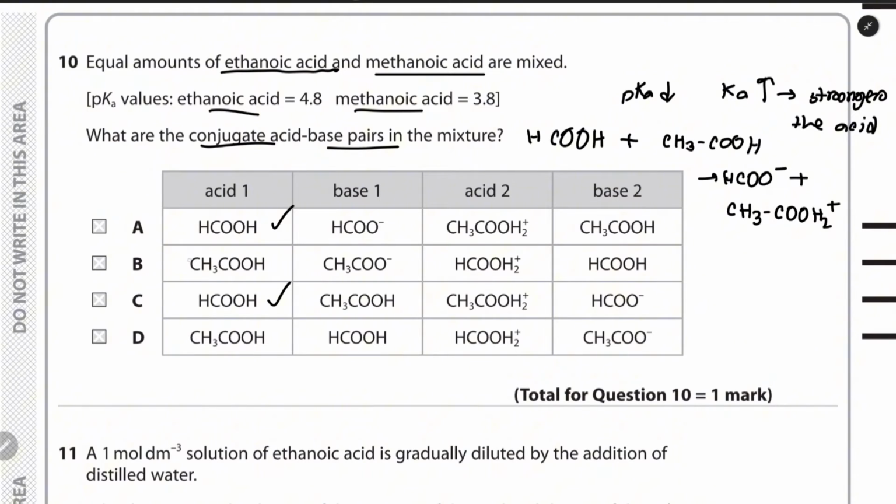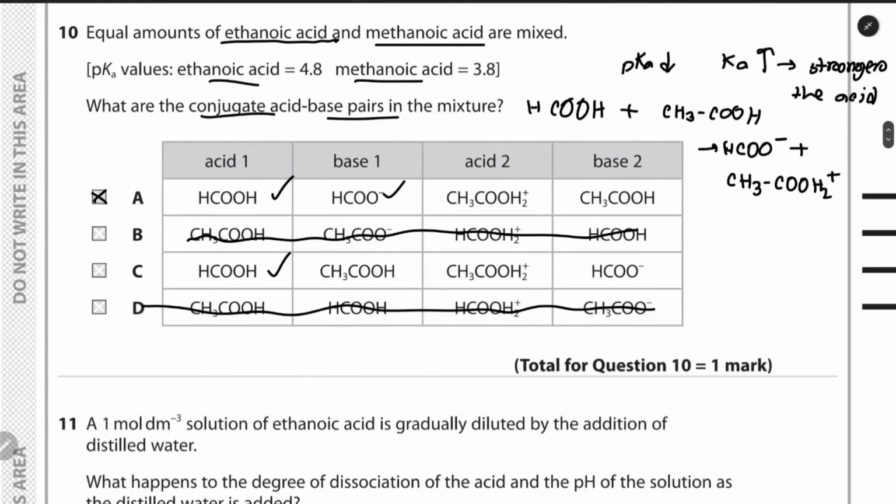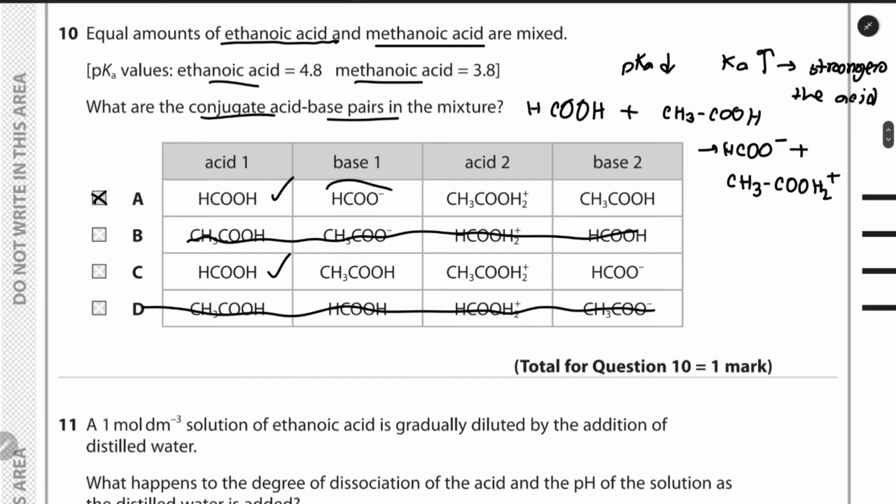So option A and C might be correct. B and D are out. And the conjugate base for this is HCOO minus. So option A is our correct answer. So base 1 is the conjugate base of the acid 1, while the base CH3COOH has a conjugate acid of CH3COOH2 plus. A is our answer.